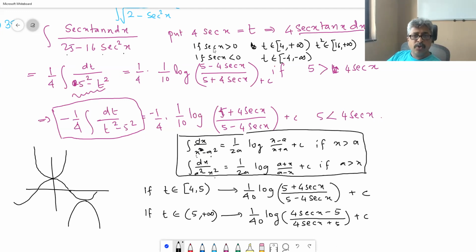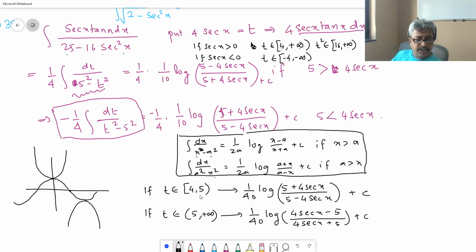Okay, so if you look at sec x, if it is greater than 0, then 4 times sec x will belong to the closed interval 4 to plus infinity, and hence t square will belong to 16 to plus infinity. And if sec x is less than 0, t will belong to minus infinity to minus 4, but eventually we are squaring, therefore t square will belong to this. Now, t square becomes 25 when the denominator becomes 0. It doesn't make any sense.